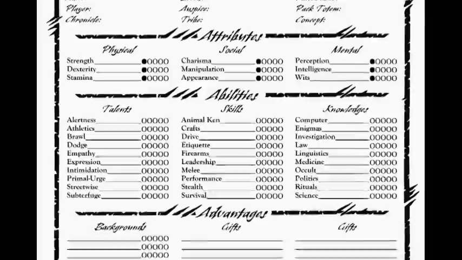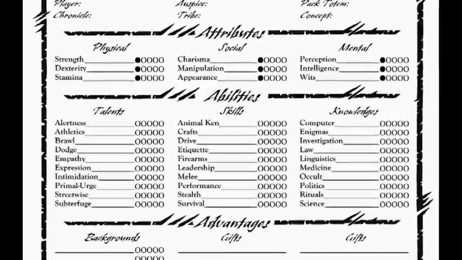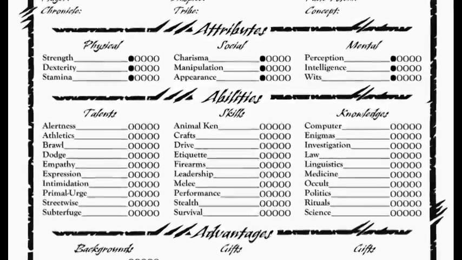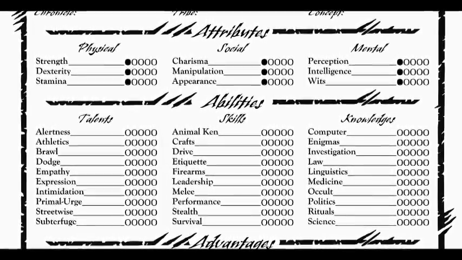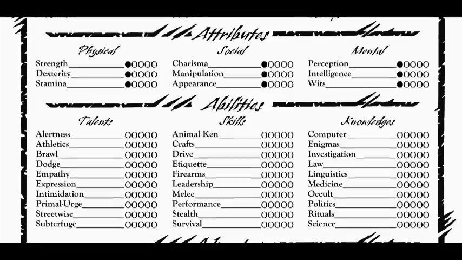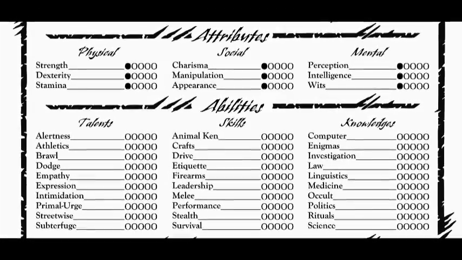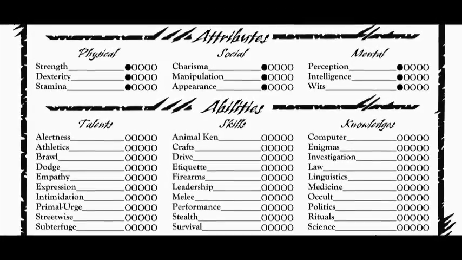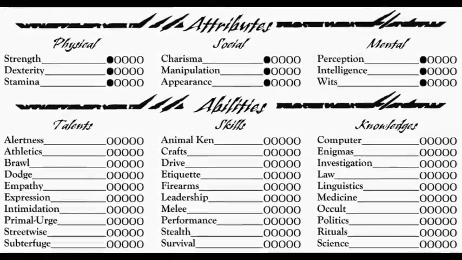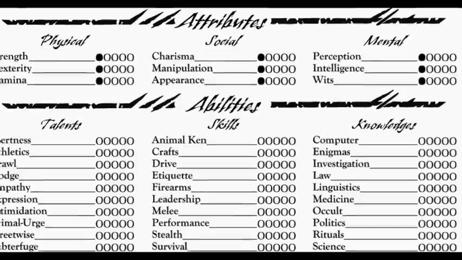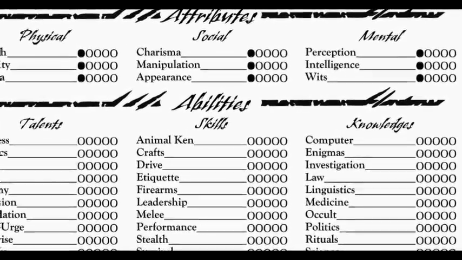If your intelligence is less than 1, you are severely mentally impaired and all that sort of stuff. But I will mention that in abilities there are two things that vampires don't have that are specific to werewolves: the primal urge talent and the enigmas knowledge. The knowledge of enigmas is what you use in the spirit world to interpret the abstract aberrations that you see before you.